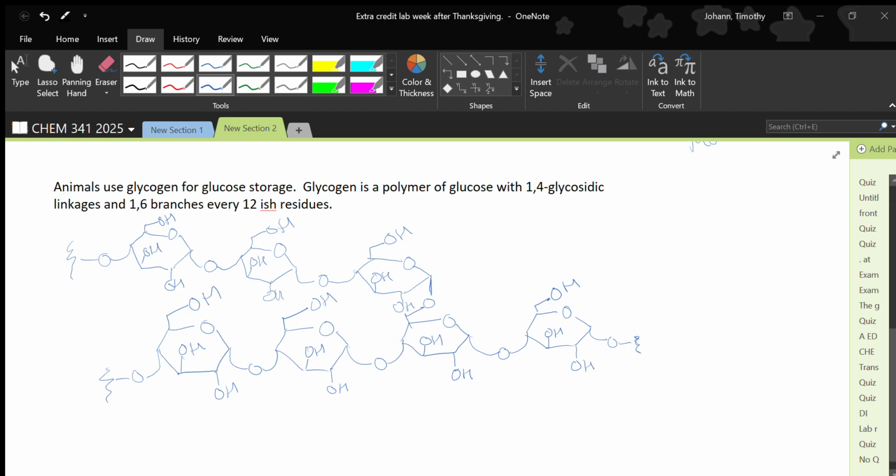Yes, Jacob. Since that structure is so similar, why is there a difference in sometimes the branch? I don't know. Natural selection is the answer, but I don't know the advantages. What the advantage of having a branched polymer is, is you have more ends. So let's talk about that real quick, because it matters when you think about enzymes building this. They're building it this way.